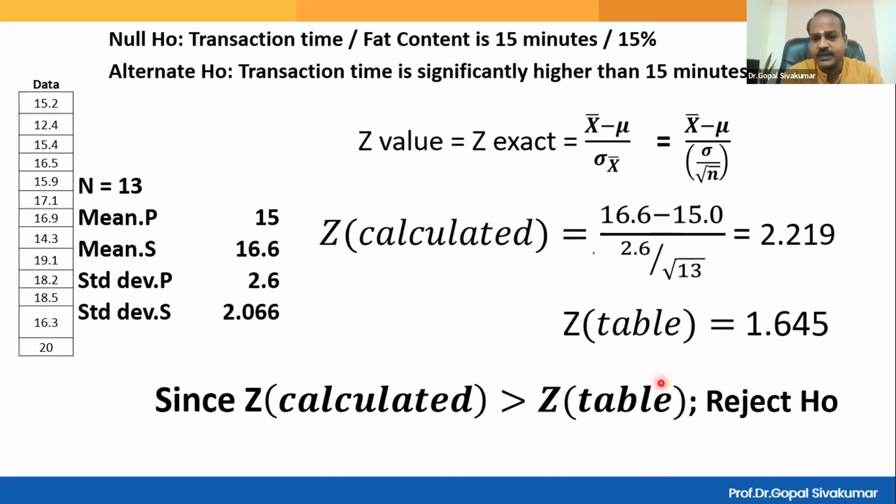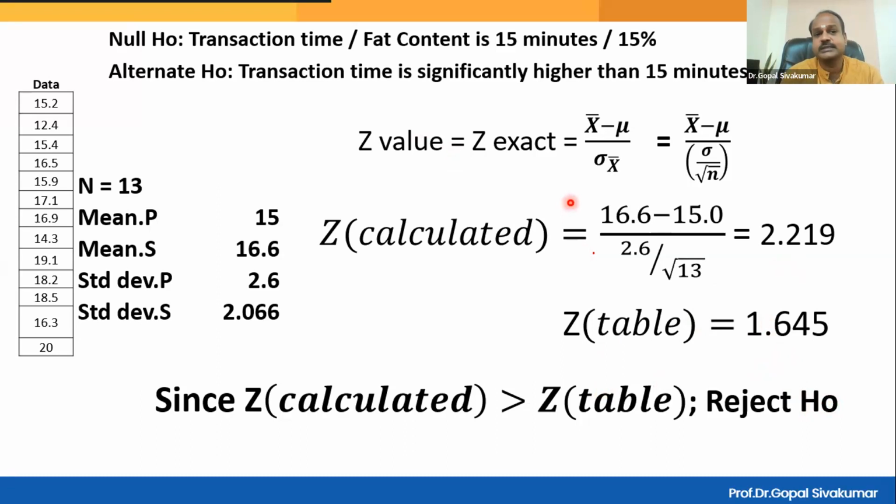Under such condition, the maximum permissible Z score is 1.645. But how much is the calculated value? 2.2. 2.2 is more than 1.645. You reject the null.